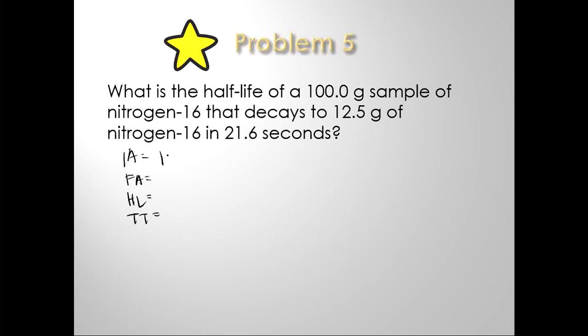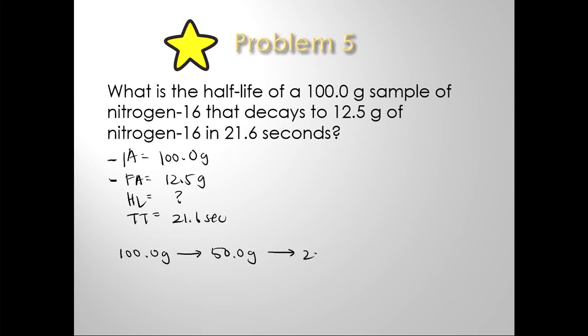So we have a 100-gram sample that decays to 12.5 and took a total of 21.6 seconds. It wants to know the half-life. So again, if you're given the initial and the final amount, go ahead and just create your number line. It's the first thing you should do, especially if they give you the initial amount and final amount.